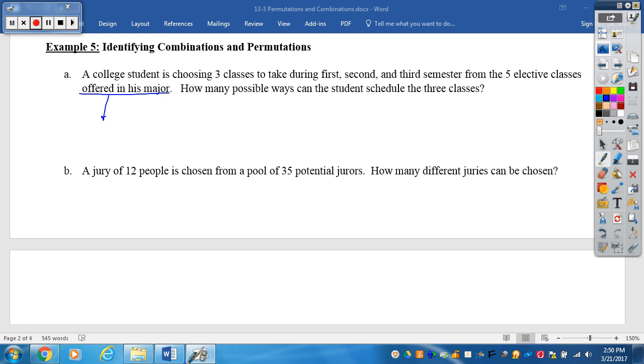But if they're elective classes, this is the important part here. I almost misread this. If they're elective classes, you can take the electives at any time. And so electives are kind of outside your major that can help you with your major sometimes. I elect to take them because they're kind of fun. So as a result, I'm going to use the combinations here because order isn't important.